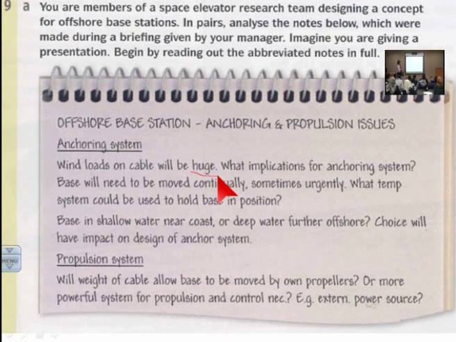Let's see. This will need to be moved. Continually. That's right. Sometimes urgently. And remember, if you have the letter G and you have E after it, it's going to be a J sound, for example, huge.